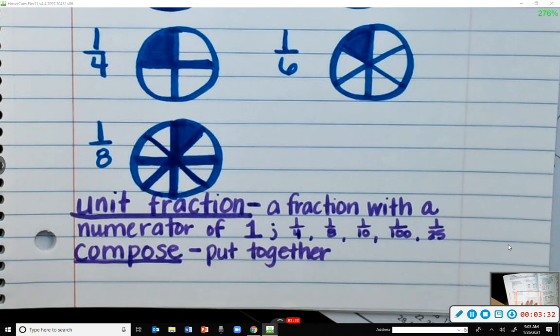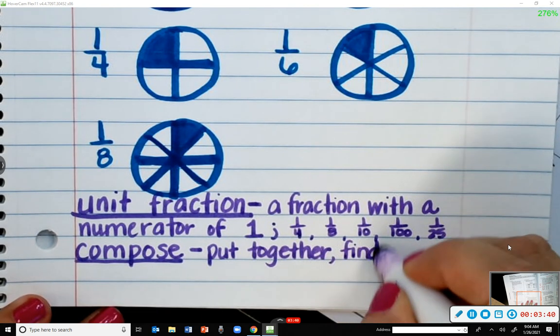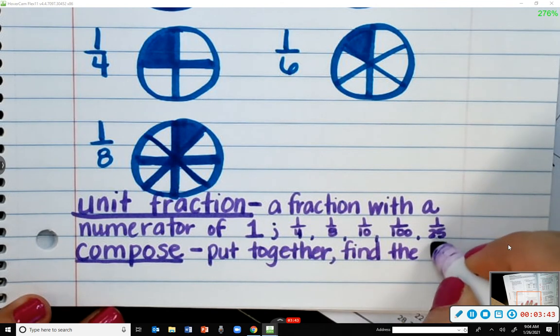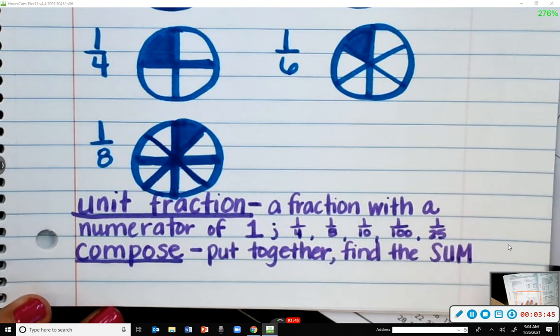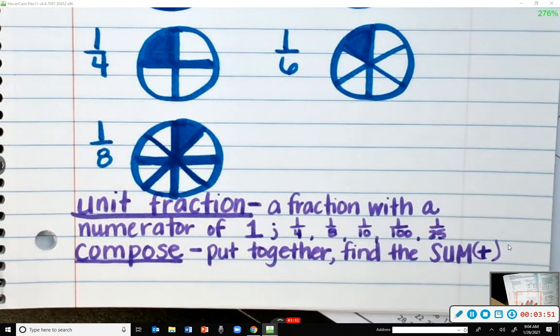Kelsey? You add them. Composing usually means you're going to find the sum. What does sum mean? An answer to an addition problem. Good, Kelsey. Add. I'm just going to put a little plus sign next to it so you can remember what that means. So, in the case of composing fractions, all that means is you're going to add unit fractions together. You're putting them together.